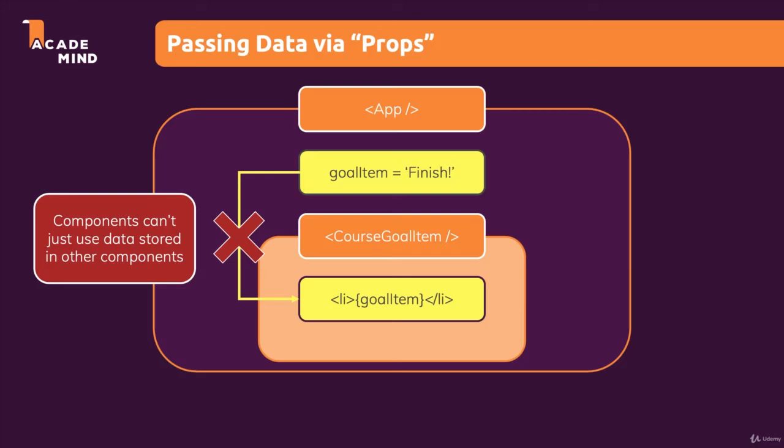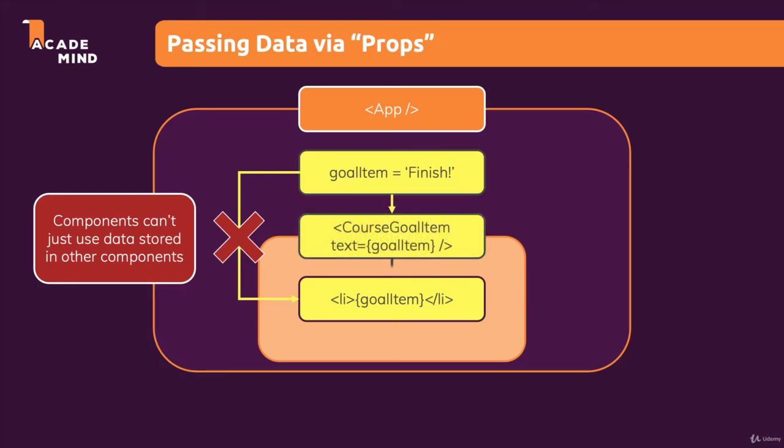But instead, we can utilize a concept called props. We can pass data to the custom component by adding an attribute. And inside of that component, we can then get access to all these attributes which might have been set on our custom component. Again, we're basically building our own custom HTML elements.